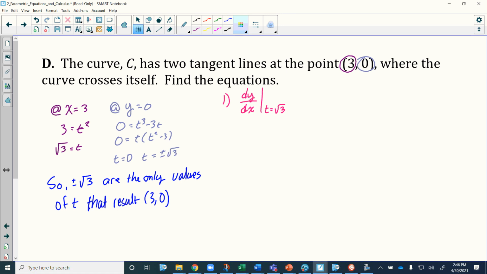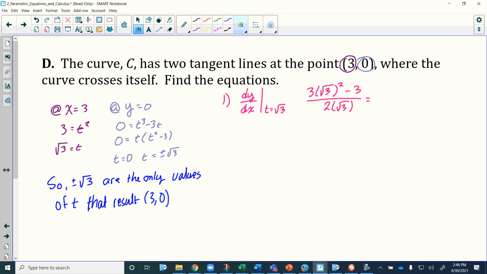This is what we got for our result from part B. Go back and find it if you need it, if you don't have it written down. We're going to just do our substitution with the square root of 3 anywhere I have a t. So 3t squared becomes 3 times square root of 3 squared minus 3 in the top over 2t in the bottom, so that becomes 2 times the square root of 3 in the bottom.